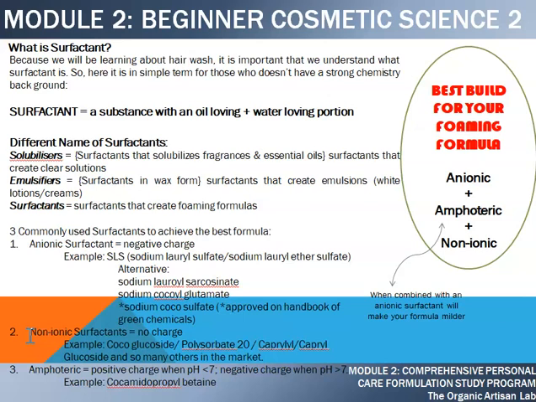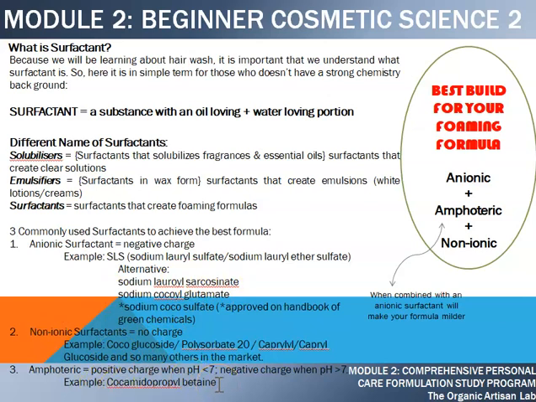Next is amphoteric, which is positively charged when the pH is greater than 7 and negatively charged when less than 7. An example of that is cocamidopropyl betaine.